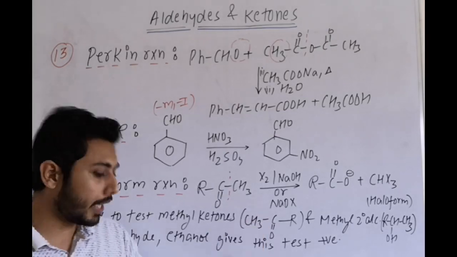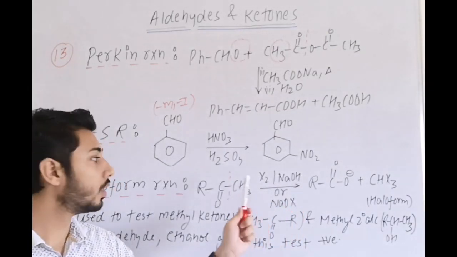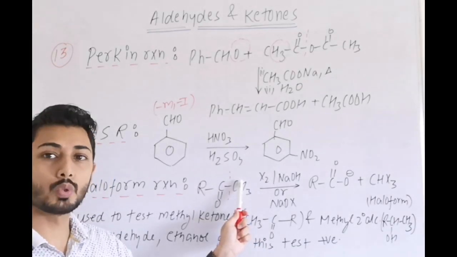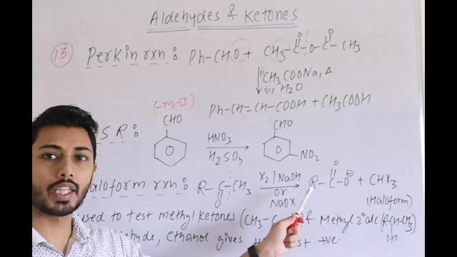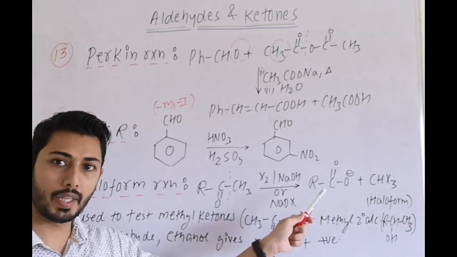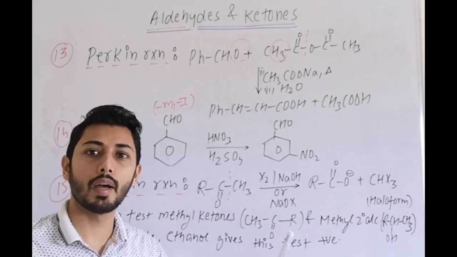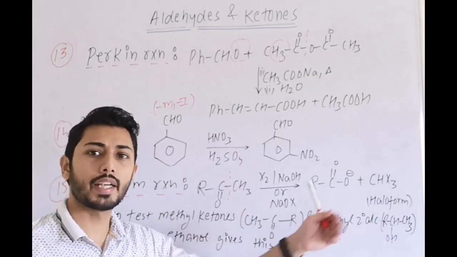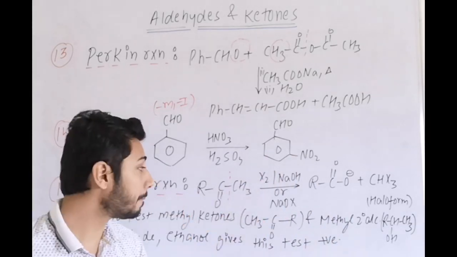Why? Because in alkaline medium this will take H plus, it forms CH2 minus, then halogen will substitute it, again it will take H plus, again X will attack, again H plus will be taken by base, and all the 3 H will be substituted one by one by halogen. X plus generated, again X plus, because X2 will cleave hydrolytically.